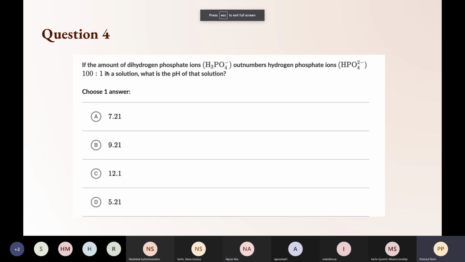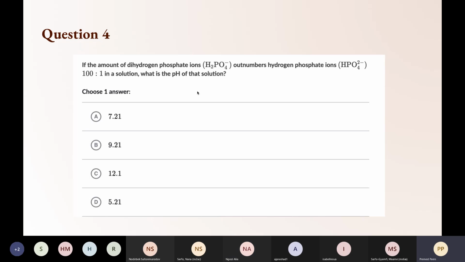So question 4, if we're given that the amount of dihydrogen phosphate ions outnumbers hydrogen phosphate ions 100 to 1, what is the pH? And then again here, we're given the acid and the base. We're going to plug it into our Henderson-Hasselbalch equation because we're asked for pH.